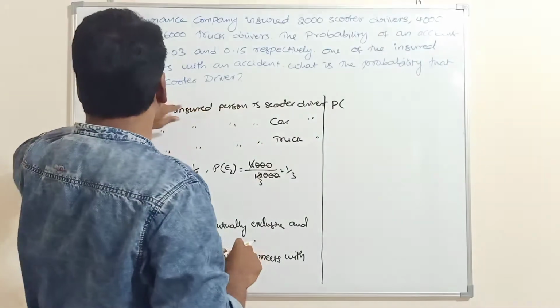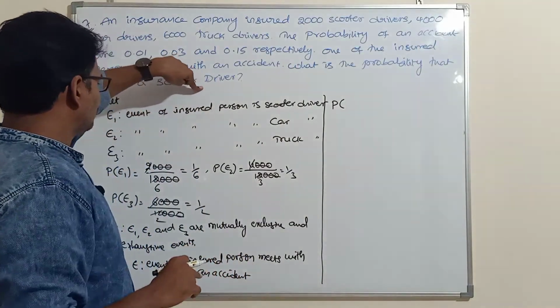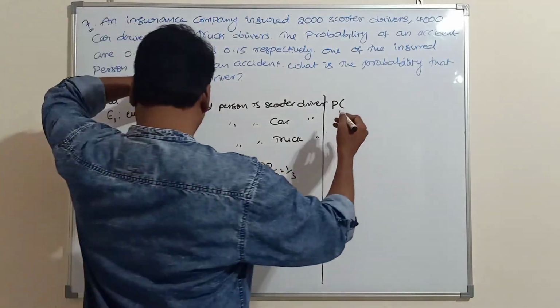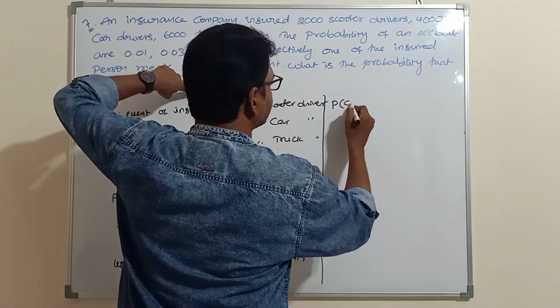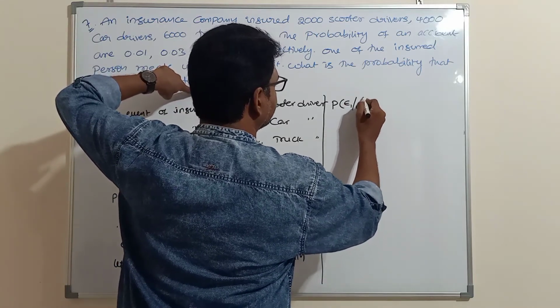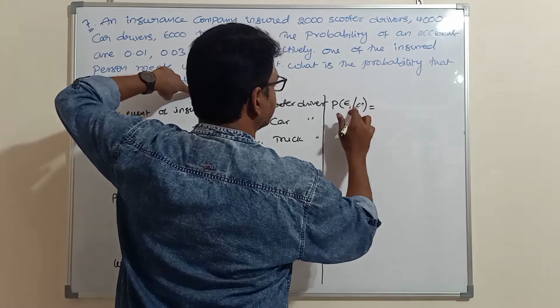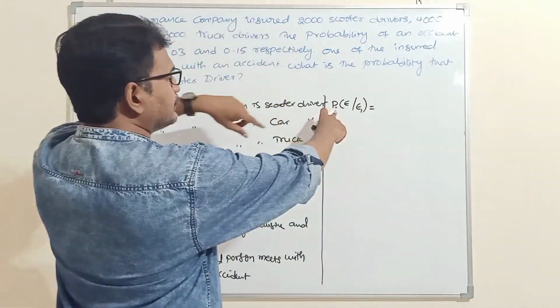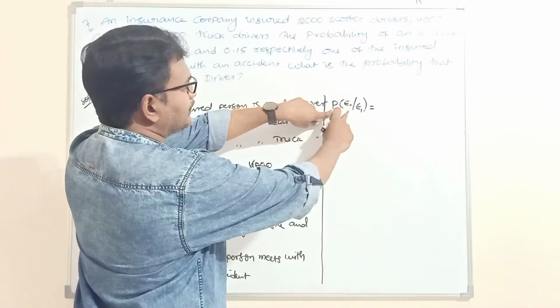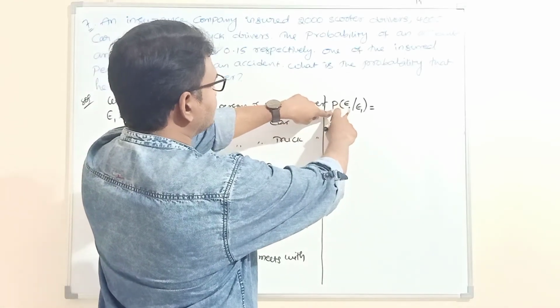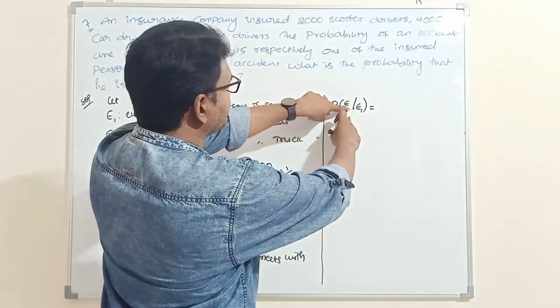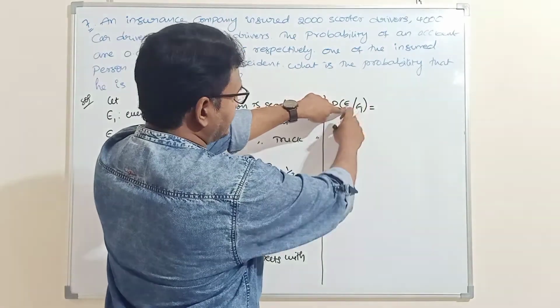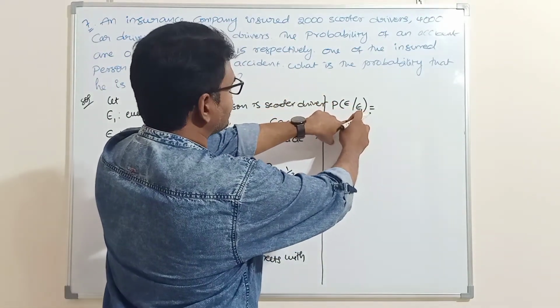What is the probability that he is a scooter driver? So first we have to find P of E given E1. What is the meaning of this? Probability of the event that a person meets with an accident given that he is a scooter driver.